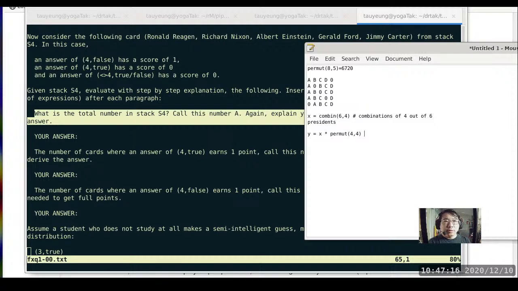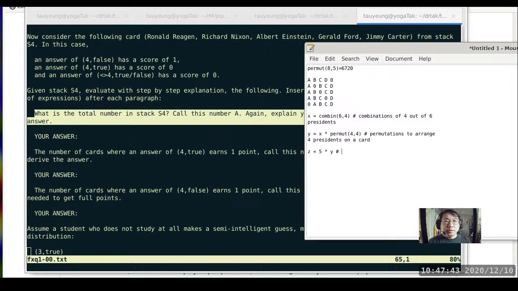Okay, and so we'll say this is the number of permutations to arrange 4 presidents on a card. Okay, so we are almost there. So now we got Z. Z is going to be 5 times y.